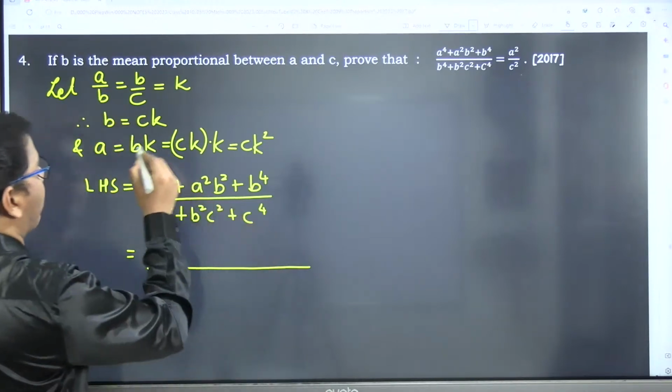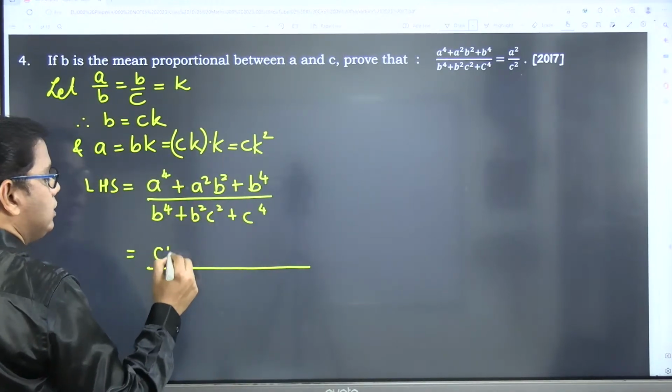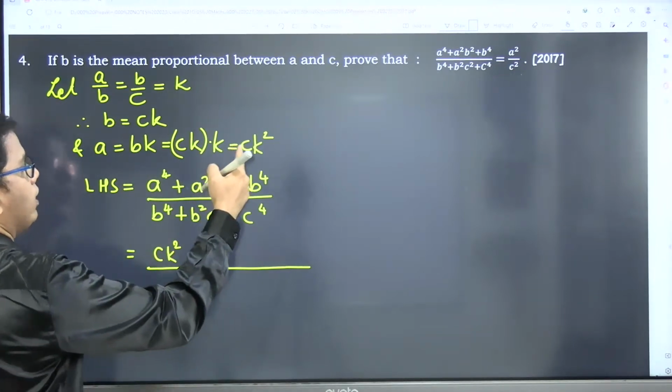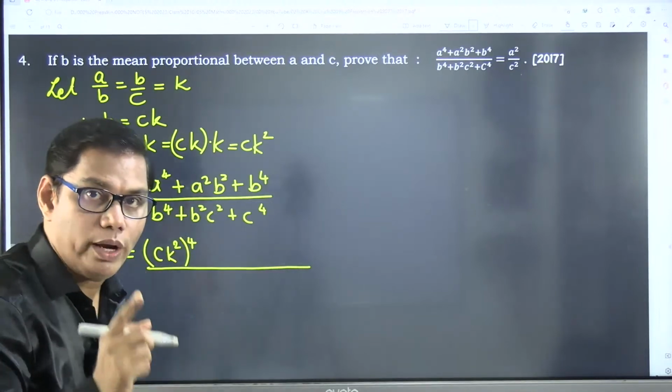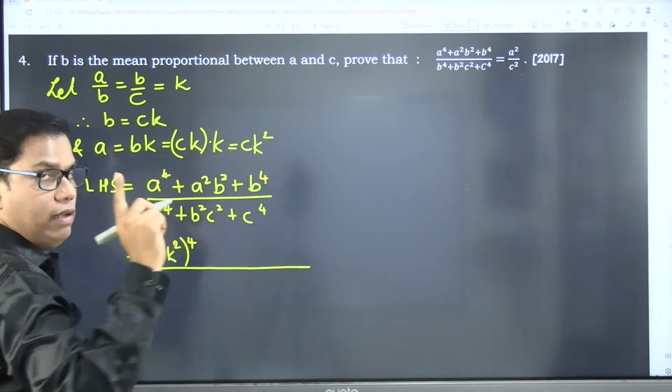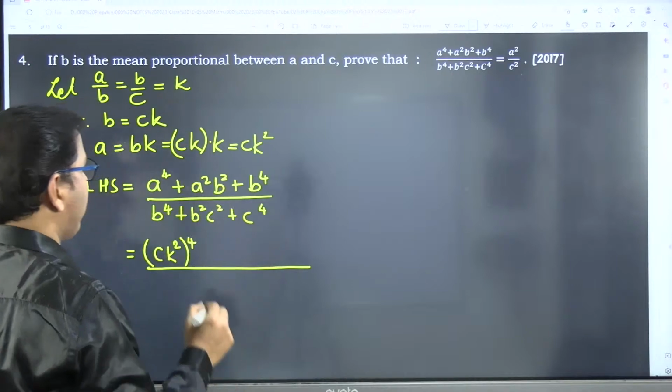Come here, A to the power 4. What is A? CK square. Okay, CK square is the value of A, to the power 4. Here you are going to use law of indices. I'll revise law of indices for you. Please pay attention.